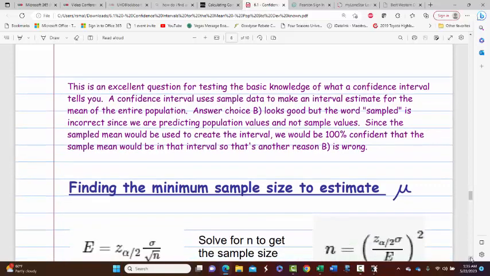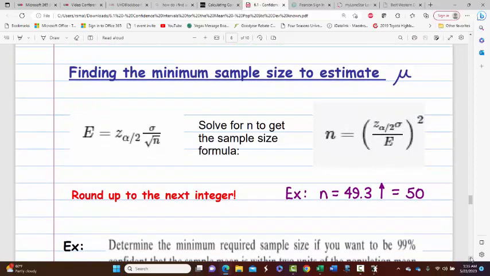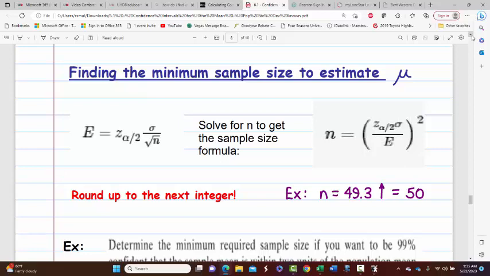Okay, so I just kind of talked about that, but you can read that if you'd like, so I'll skip that. And then the last part here is finding the minimum sample size to estimate the mean. Now, suppose that you not only are determining what confidence level you use, but if you were doing this as a practicing statistician, let's say that you want to have a predetermined margin of error for whatever reason.